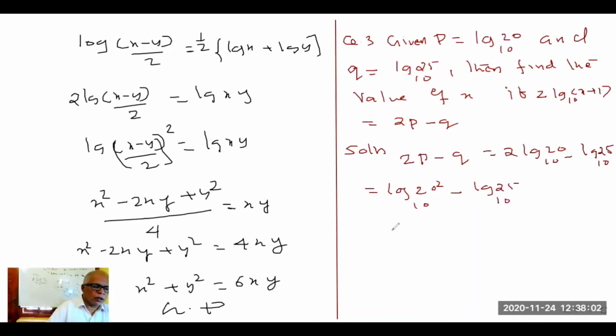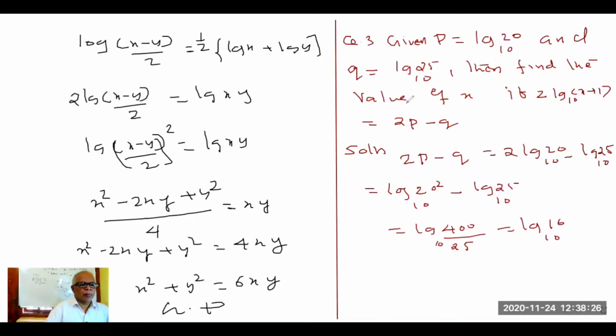That is logarithm of 400 by 25 to the base 10. So, that is equal to logarithm of 16 to the base 10.